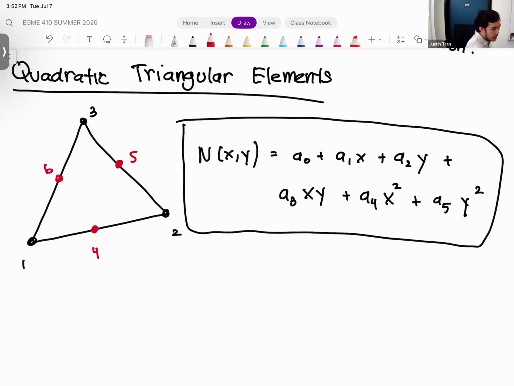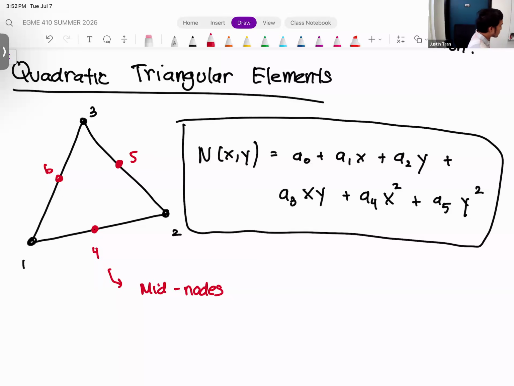Those 3 nodes that I added are known as mid nodes. Mid nodes are valid nodes, just like the corner nodes, and so just like the corner nodes, these solutions are required to match there in between the elements.